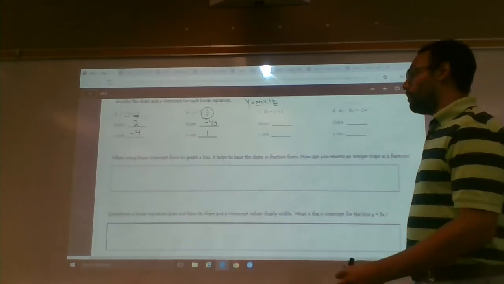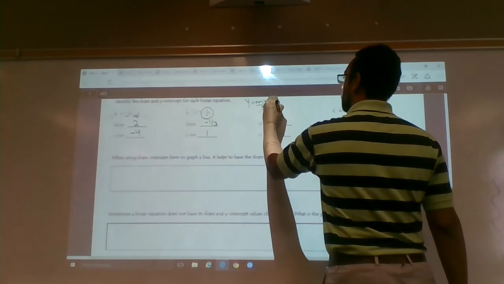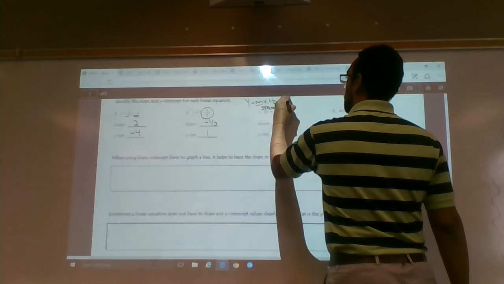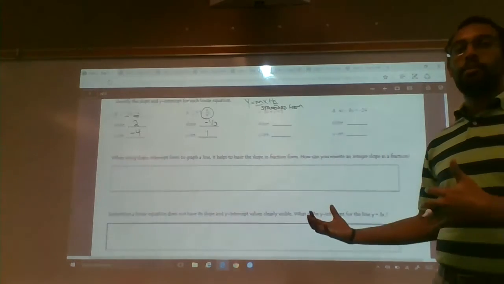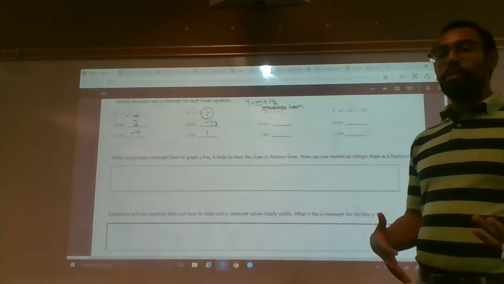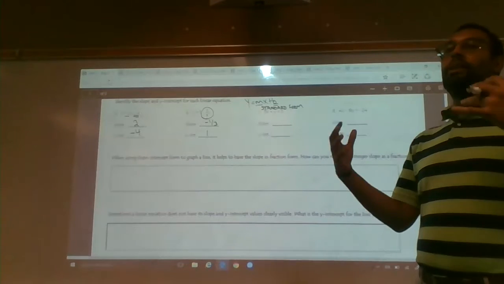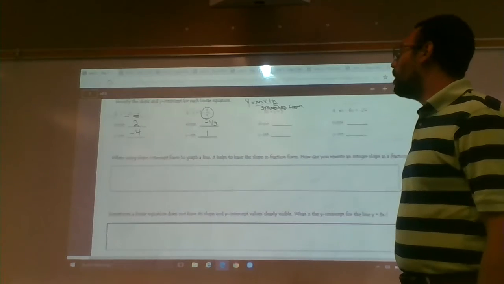C is in a different form. It's in another form called standard form. And you can go between standard form and slope-intercept form and slope-intercept form and standard form. I apologize. I did not mean to confuse you. Okay?